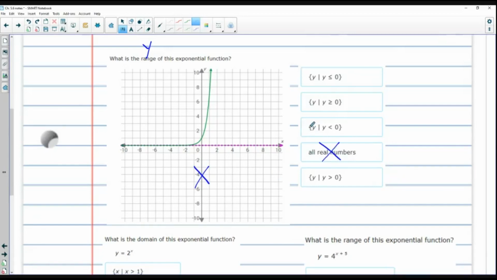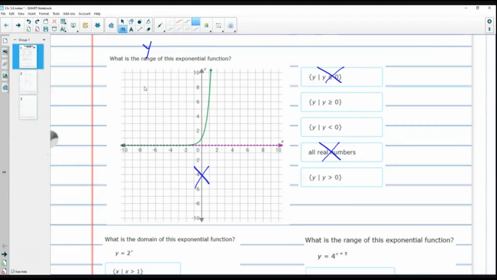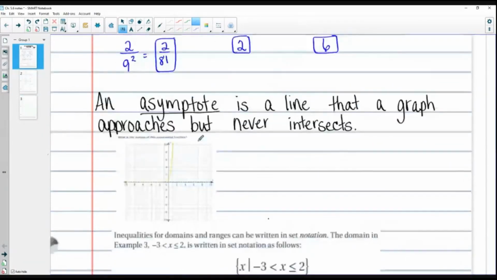But your y values, all the values of y for which, is it y is less than or equal to 0? Well, we just said it can't be less than, so no. Is greater than or equal to 0? Now, does the green intersect with y equals 0? Do you guys remember what I said earlier? Does it intersect or not? That's when I was showing you this part. Let me show you. Right here.